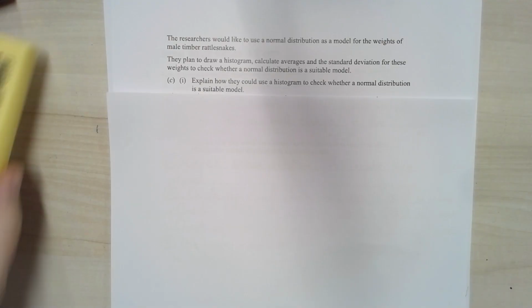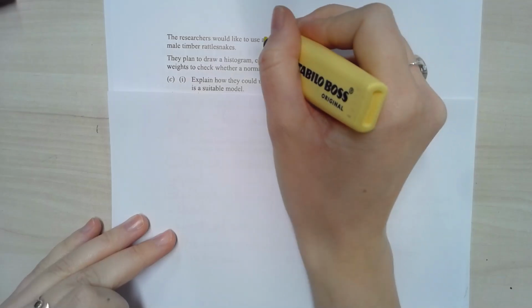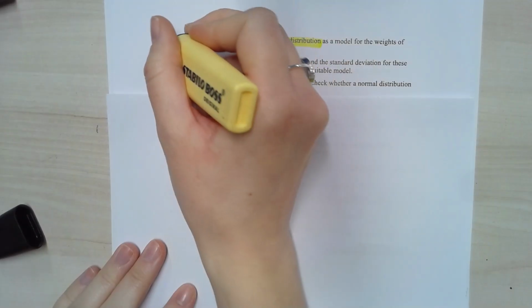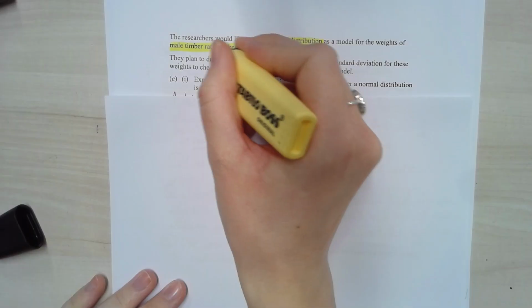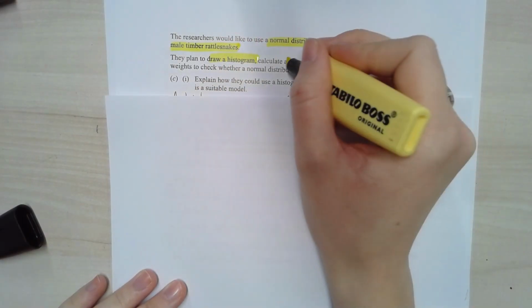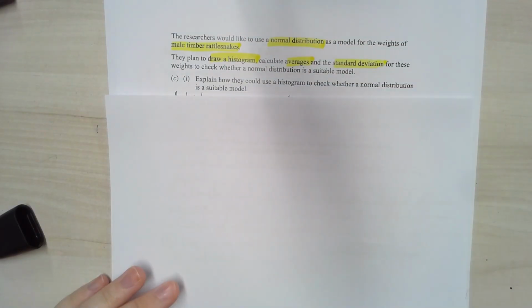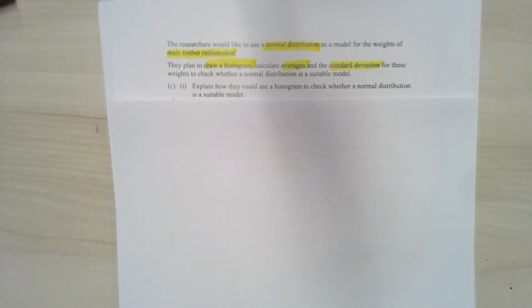We are then told that the researcher would like to use a normal distribution as a model for the weights of the male timber rattlesnakes. They plan to draw a histogram to calculate the averages and standard deviation for these weights to check whether a normal distribution is a suitable model.